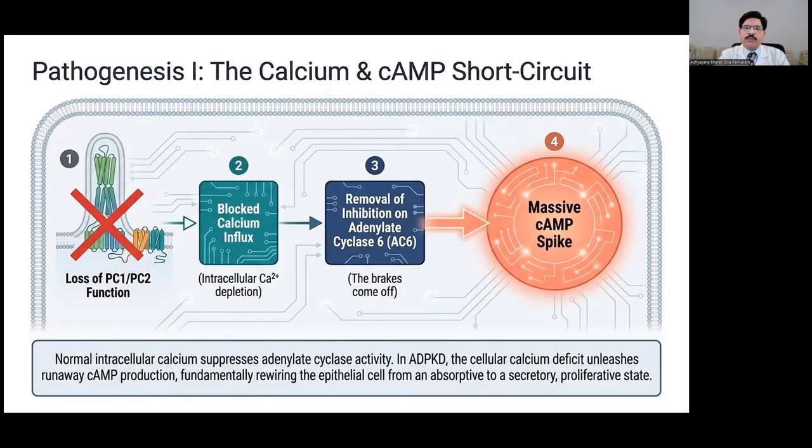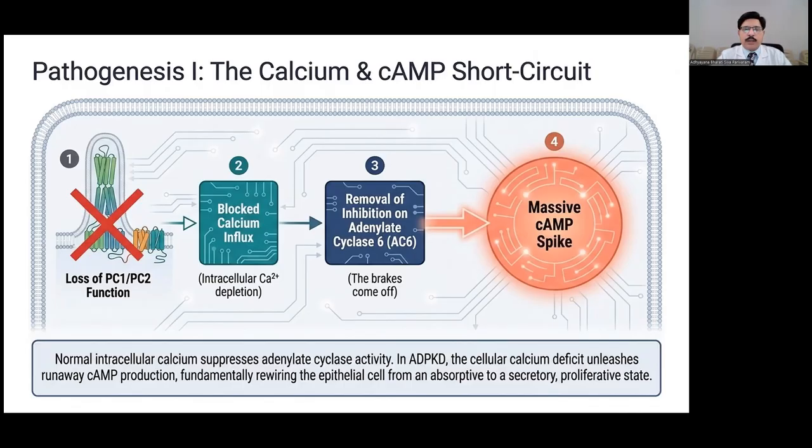Removal of the inhibition of adenylate cyclase 6, the brakes come off, and then a massive cAMP spike occurs. Once the cAMP is there, it goes on expanding the fluid collection inside the cell. There are four mechanisms: loss of PC1, PC2 function, blocked calcium channels, removal of the adenylate cyclase 6 inhibition, and massive cyclic AMP spike. That triggers the cyst formation.